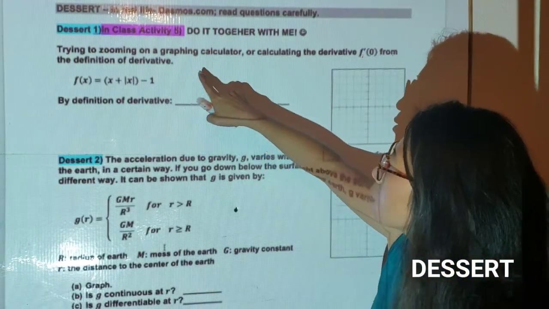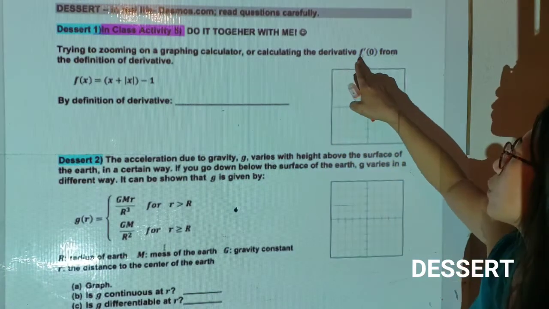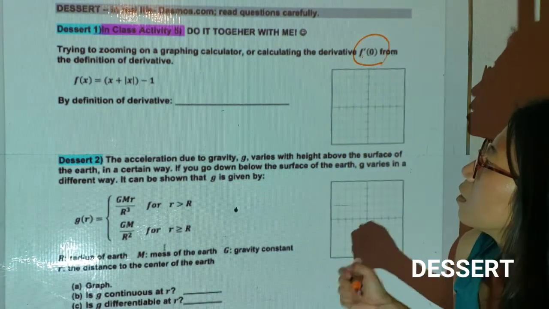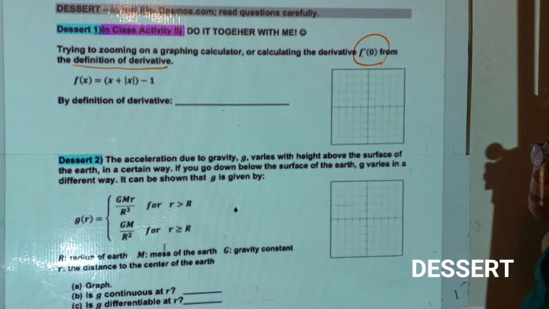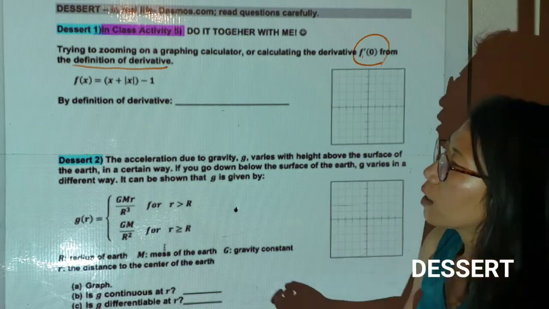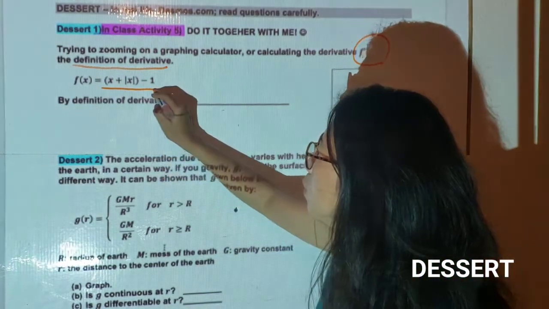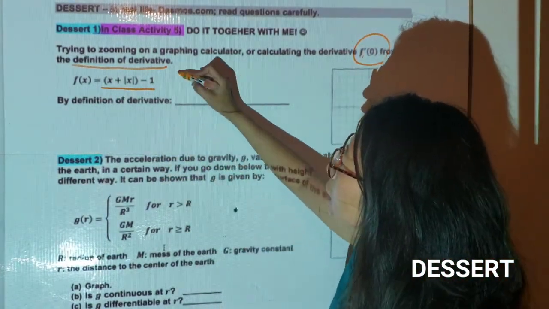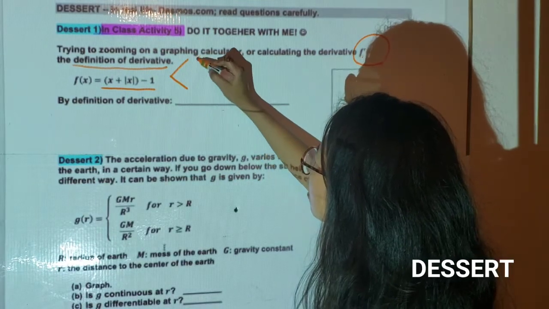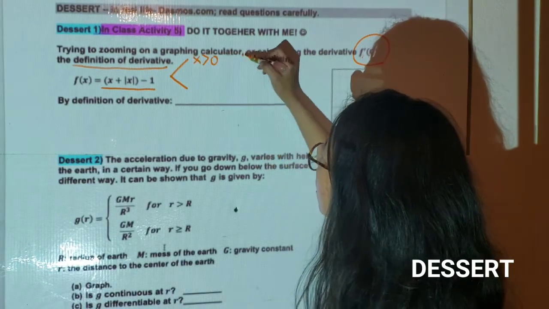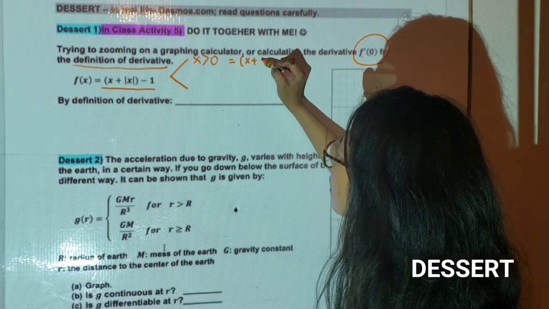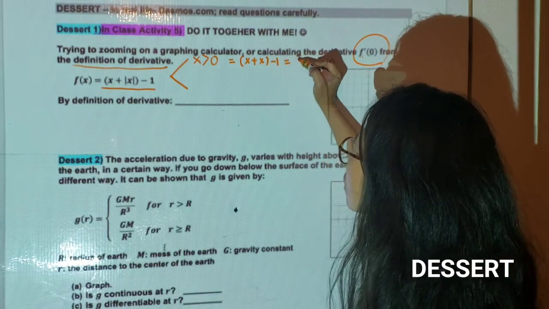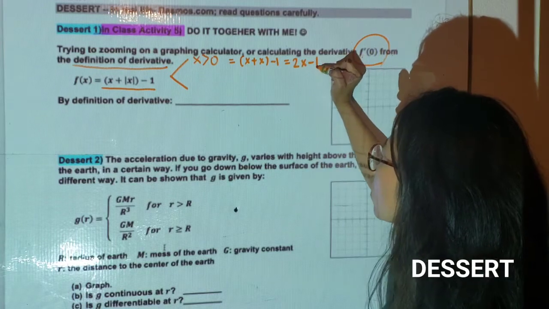So, zooming on the graphing calculator, we're calculating the derivative from this one, the definition of derivative. Okay, so I'm going to use what the function will look like. Do you see that? I can see two cases. If x is greater than 0, then my function is going to come out as x plus x minus 1, which is 2x minus 1.